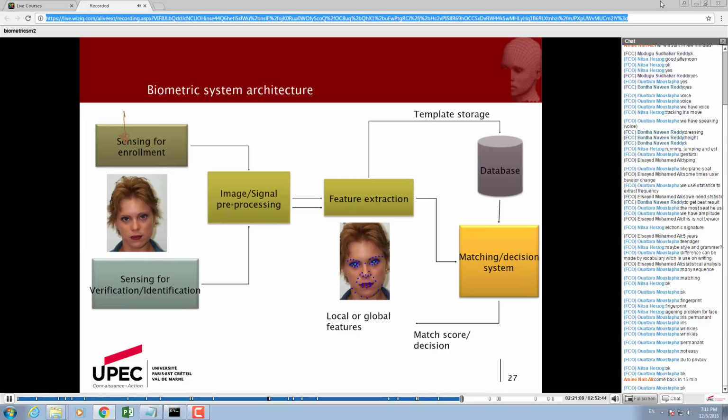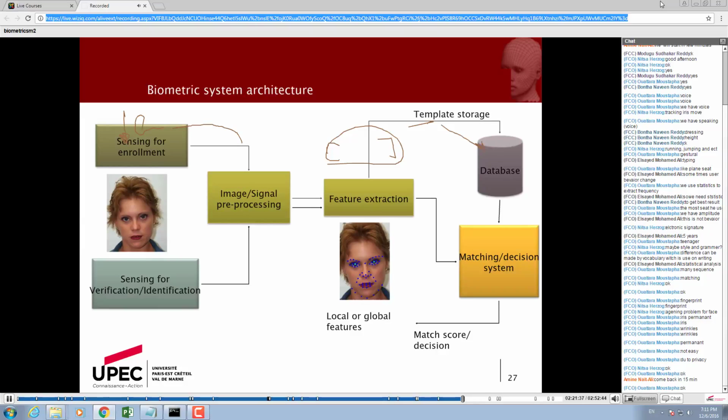If your system is a face recognition, you can just notice that it's exactly the same scheme. You take any biometric system for security, always the same scheme. Capture, you have the enrollment, you have to use a sensor. Which sensor can we use here?